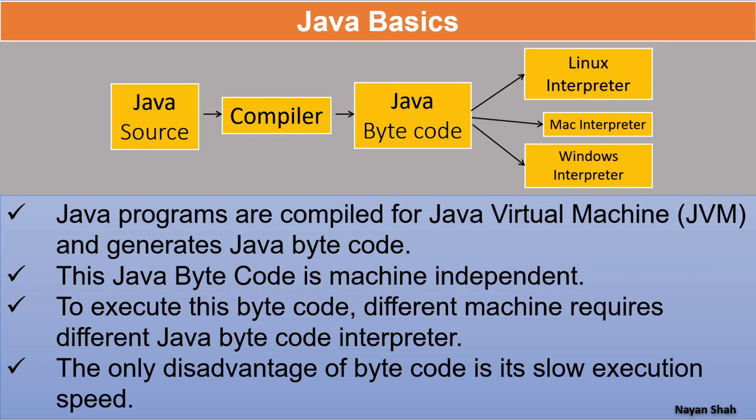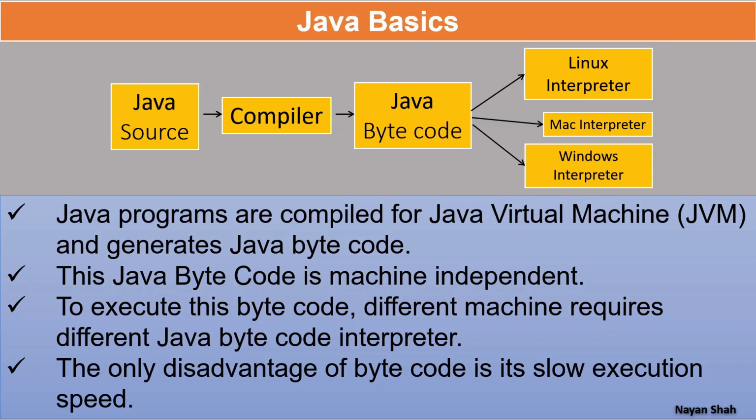Here it shows pictorially how a Java program is compiled and what makes it platform independent. The Java source code is written in any text editor, then we compile that code which creates Java bytecode. This bytecode is not generated for any specific computer or machine.